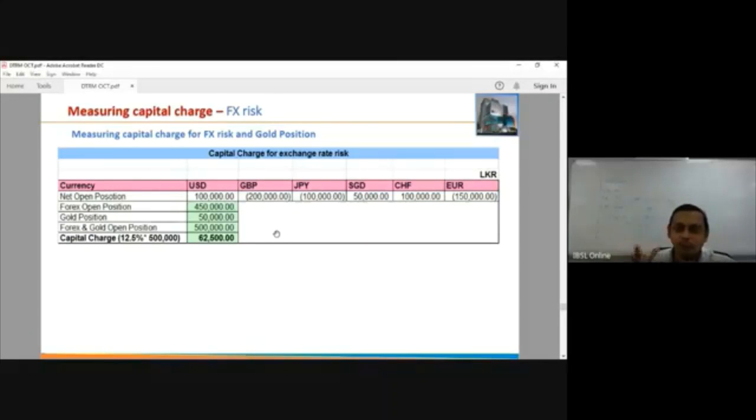So if you put all other currencies under one column, then capturing the capital charge for currency risk is not properly done. So that's why we say don't put all other currencies together. If you have 15 currencies, you have 15 separate columns, right?